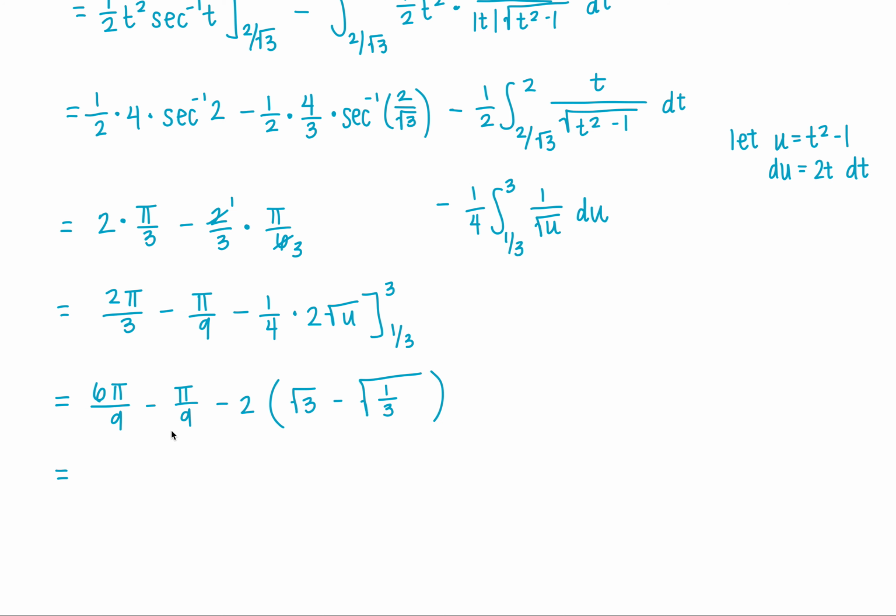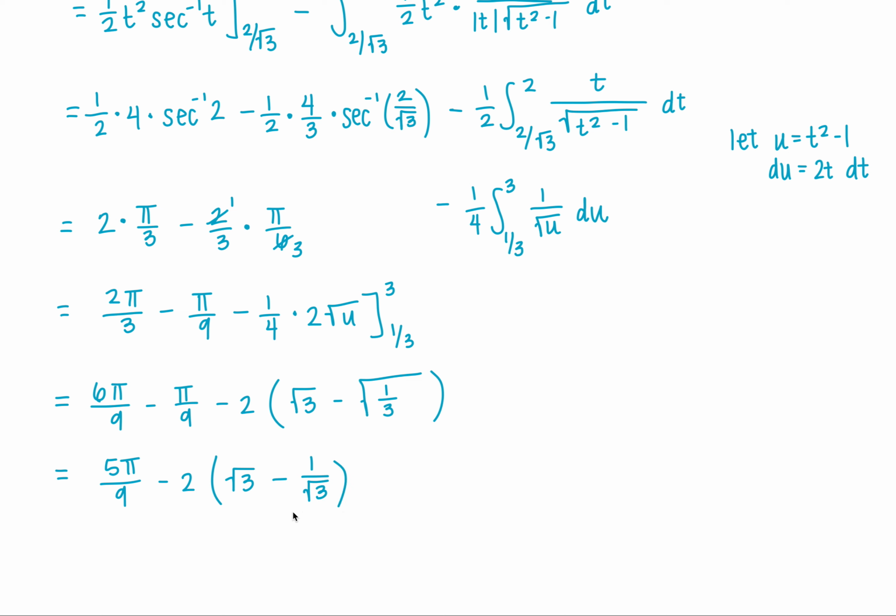So over here on the left, 6 pi minus pi is 5 pi over 9 minus 2. In the parentheses, I've got the square root of 3 minus the square root of 1/3, which is the square root of 1 over the square root of 3, so it'd be minus 1 over the square root of 3.